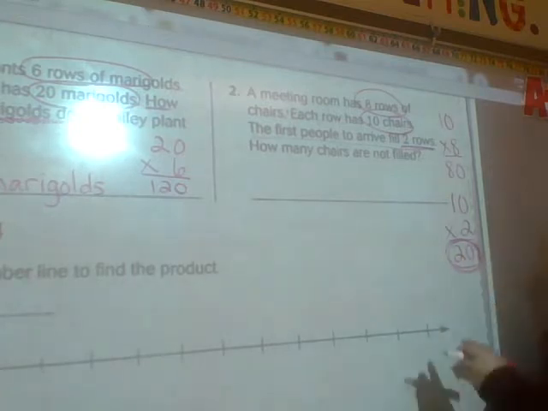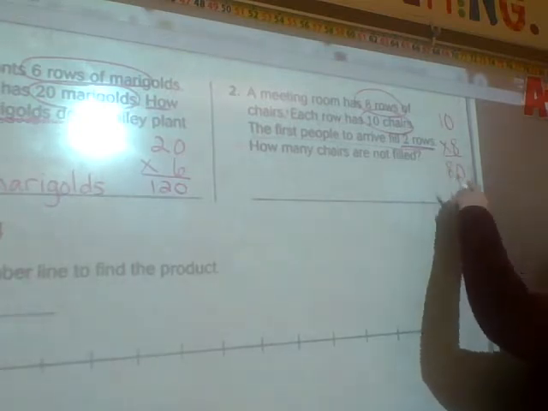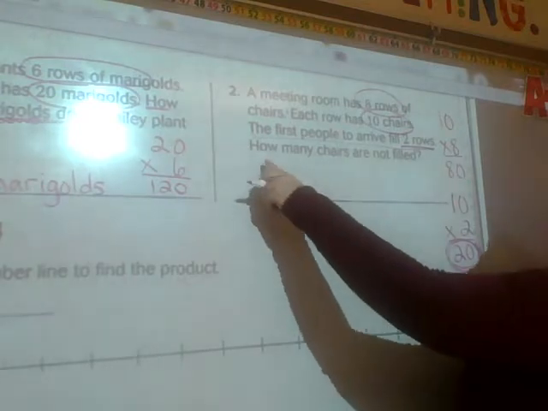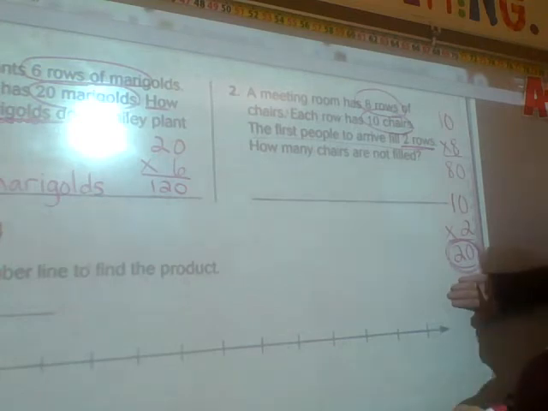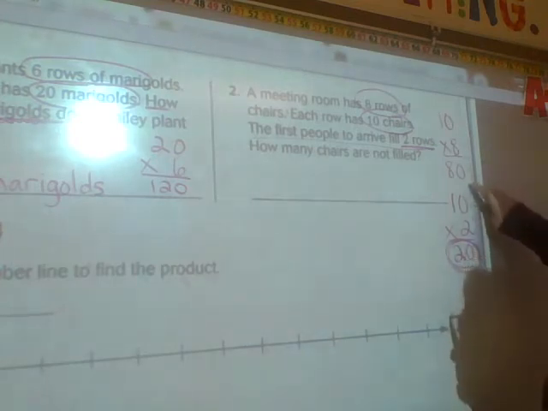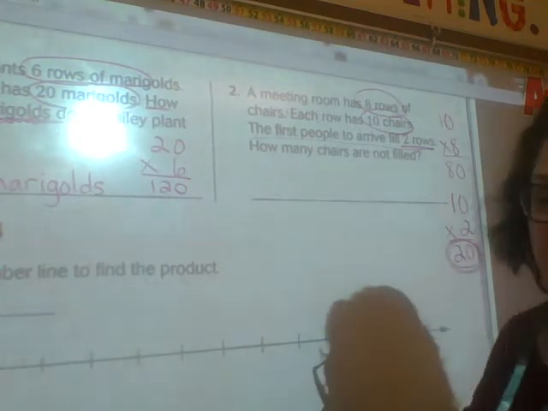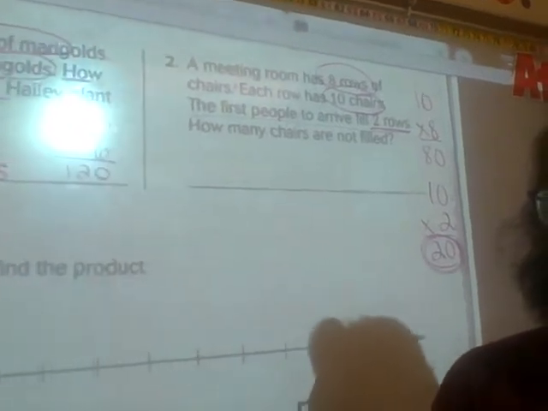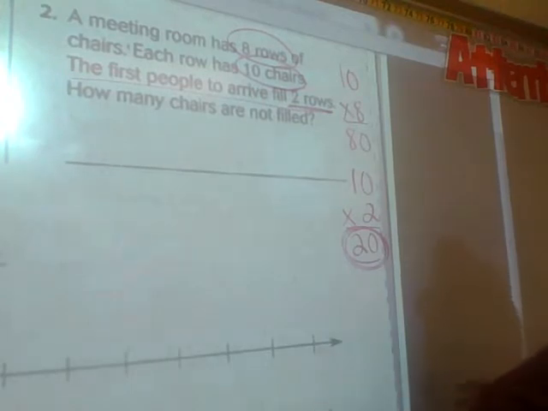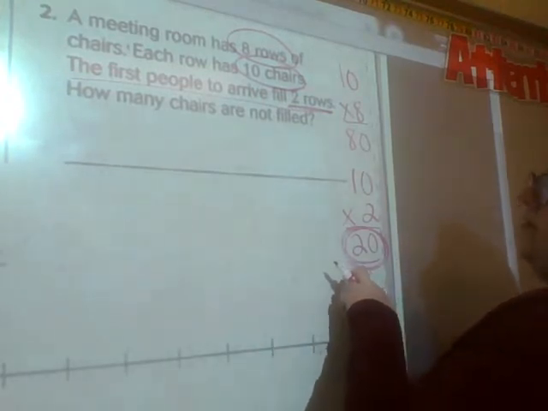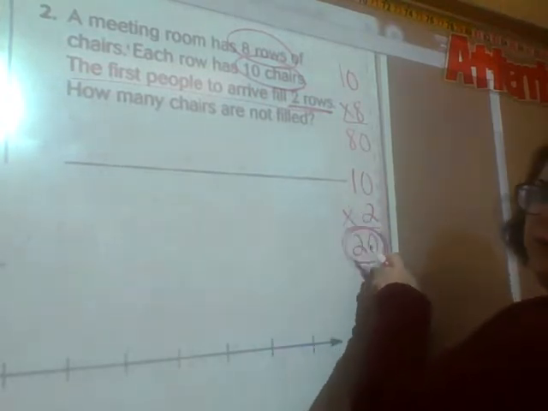Okay? Our original answer was 80. So it says how many chairs are not filled. We want to take away this 20 from this 80 up here. So I'm going to move this desk over so you can see this problem a little better. So right now we have 20 people already here.